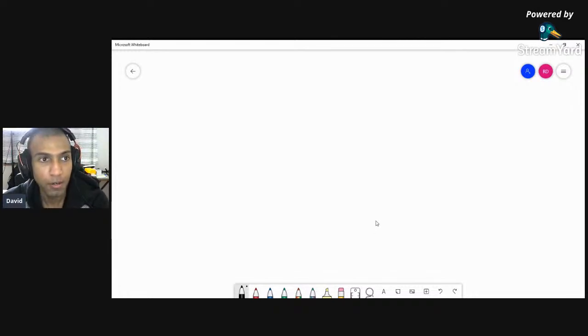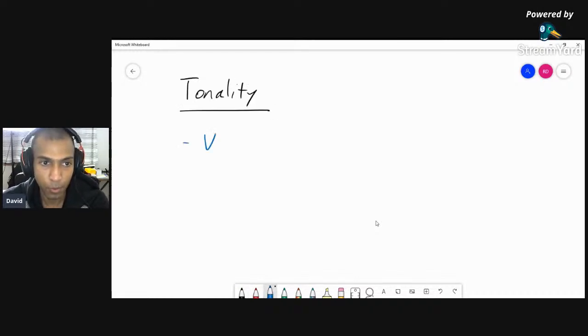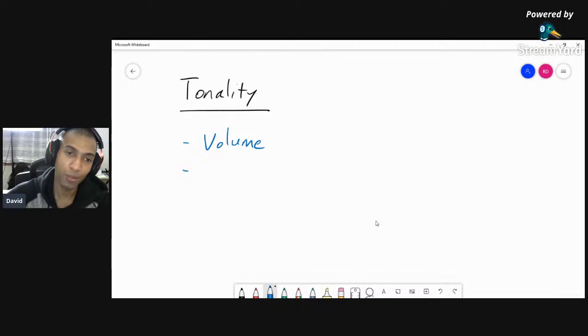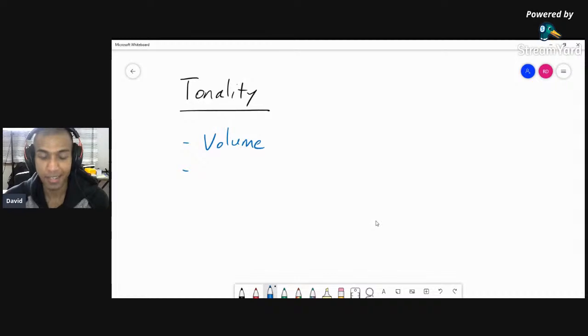This variation in our voice is called tonality. And the factors that affect tonality, I said, were volume. That's how loudly you speak. So you could be speaking really loud, and then you could soften your voice. You can modulate that and play around with it just to make the way you sound more dynamic. This can be especially useful when you're up on a stage delivering a presentation of some sort.